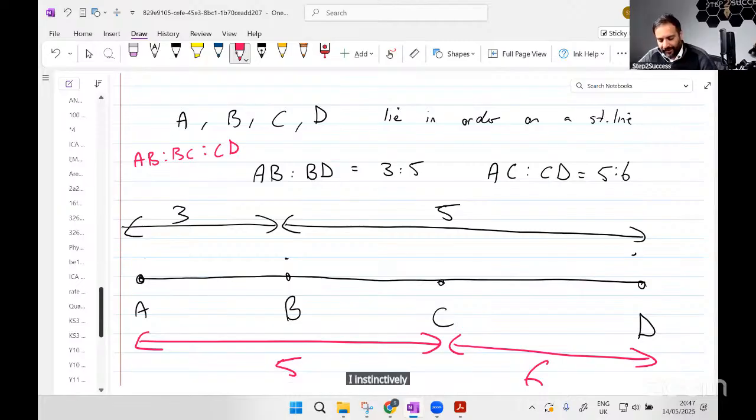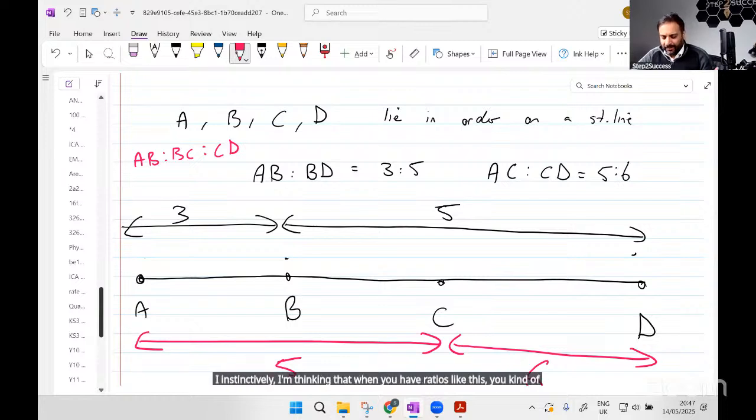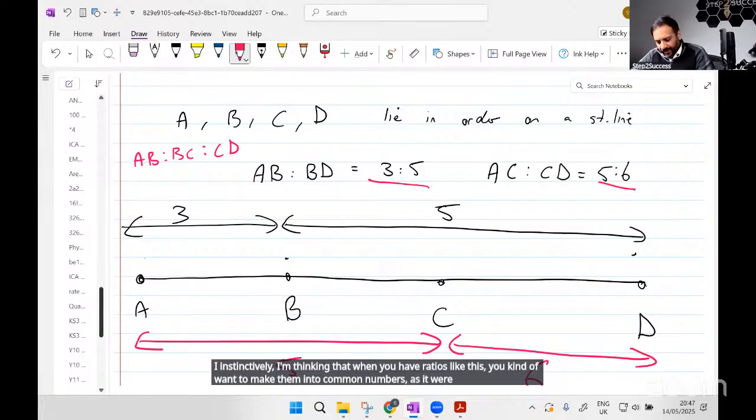Instinctively, I'm thinking that when you have ratios like this, you want to make them into common numbers. And I noticed that they all go into 30. So I'm going to times, what do I do? I want to turn the fives into 30. Is that what I want to do?